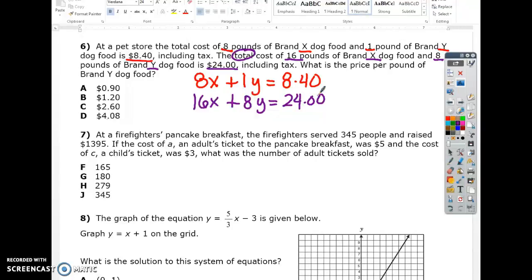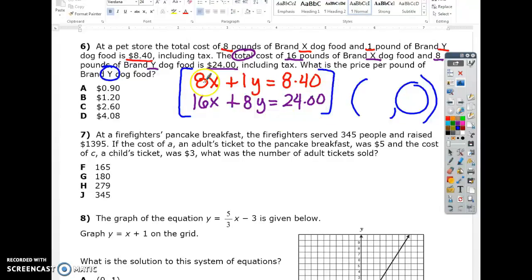What is the price per pound of brand Y food? So I just want the Y. I don't want the whole answer. So once you get the answer, I only want whatever that is, the Y. Got it? So what's the easiest way to solve this one? Matrix.